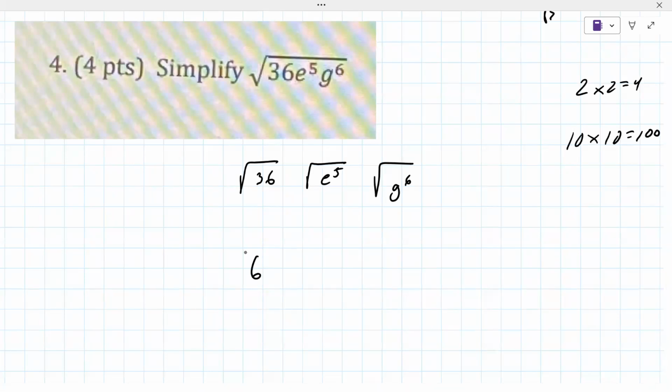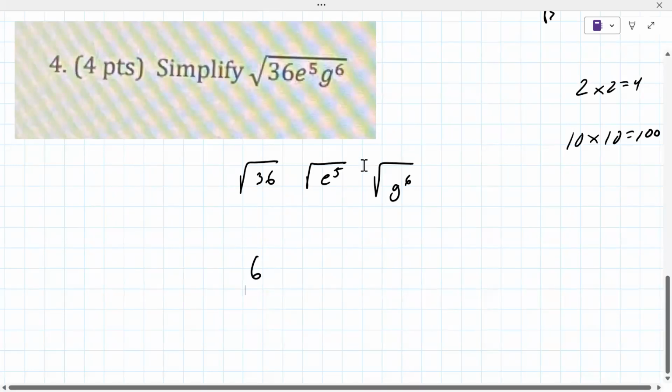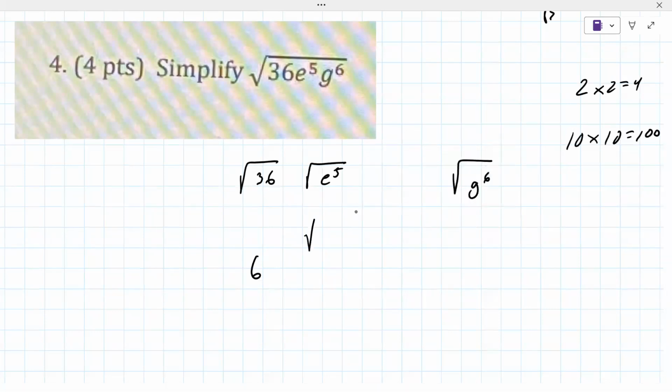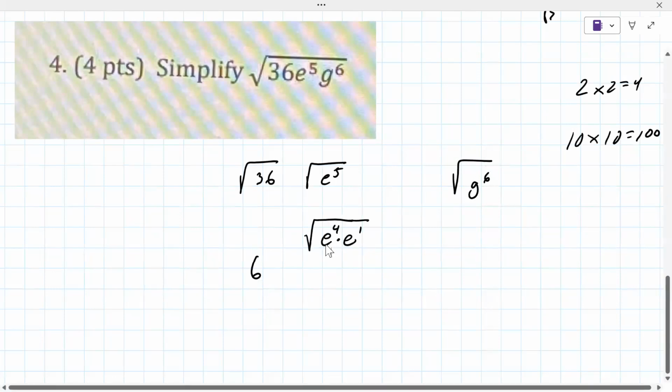Okay. Now this middle one, make a little more room here so you can see. This middle one is really the square root of e to the 4th times e to the 1. Do you remember why that is true? Like when the bases are the same, what do you do to the exponents? You add them. So you add 4 and 1.